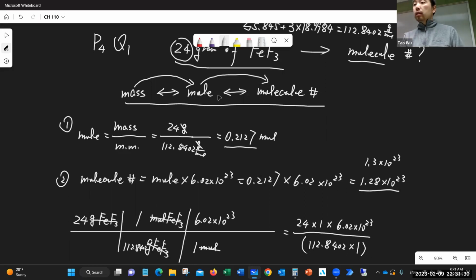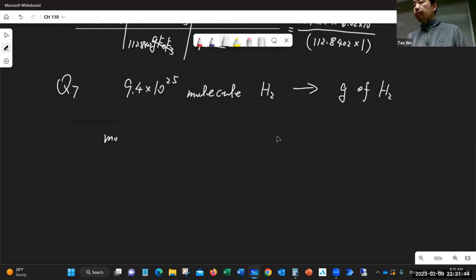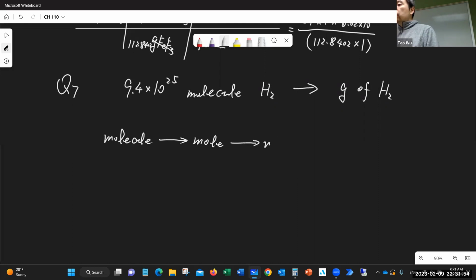Mole can convert to mass, mole can convert to molecules. So if you want to convert from mass to molecules or molecules to mass, you have to convert to the mole first. So we convert the molecules, figure out how many moles, and then how many grams.